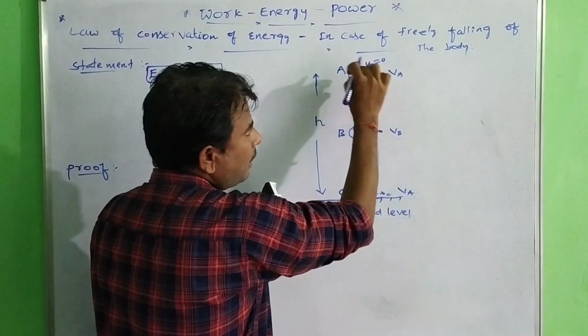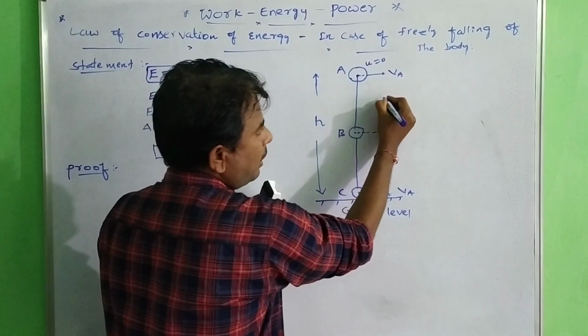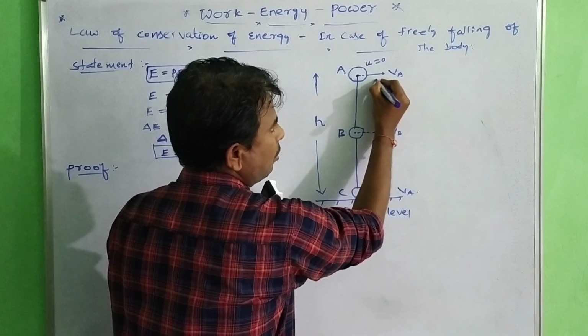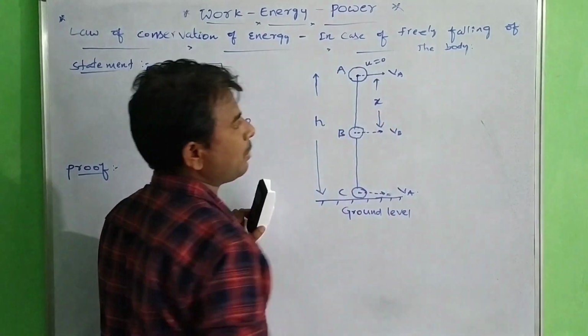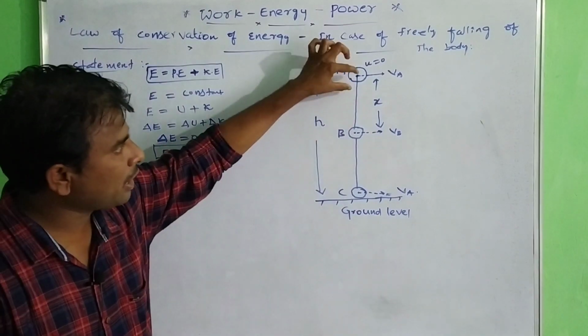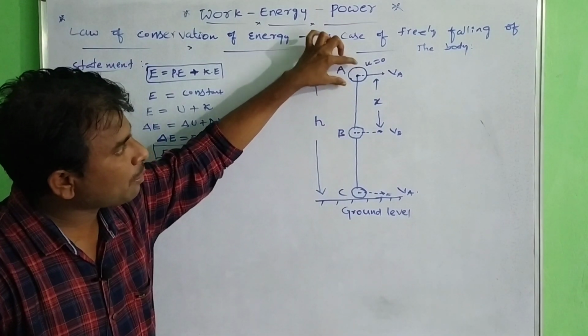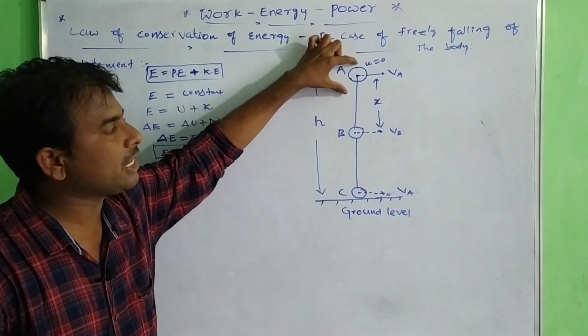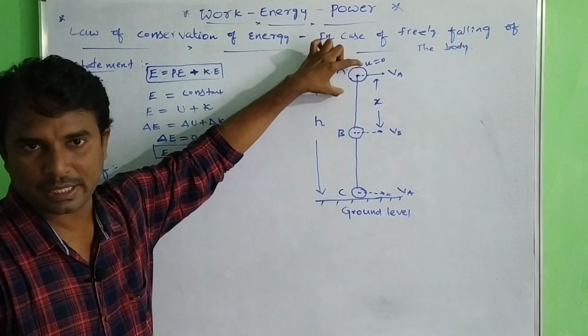The body travels from A to B with some displacement x. To maintain some height h, potential energy is increased at the highest point.